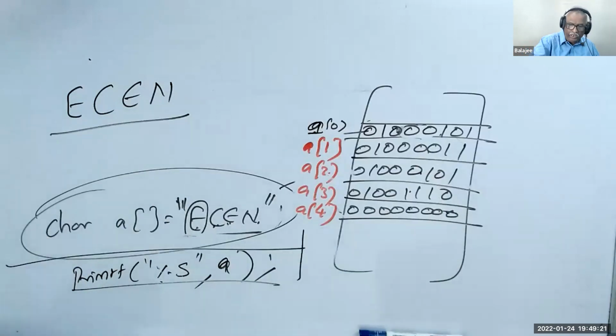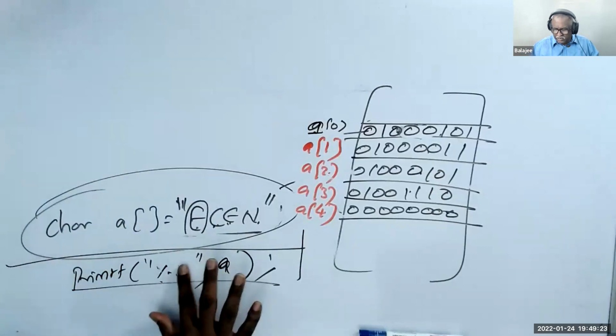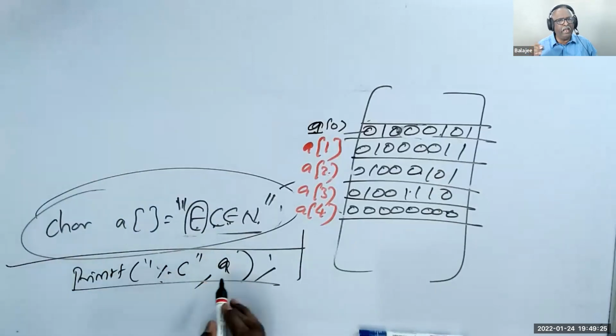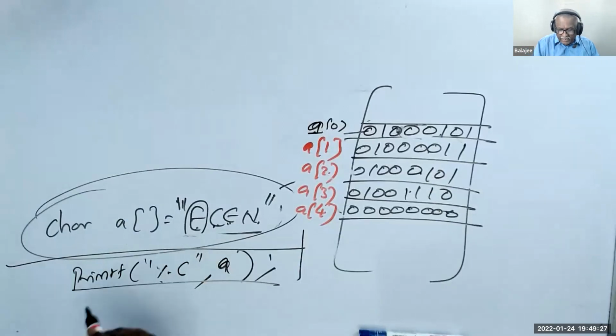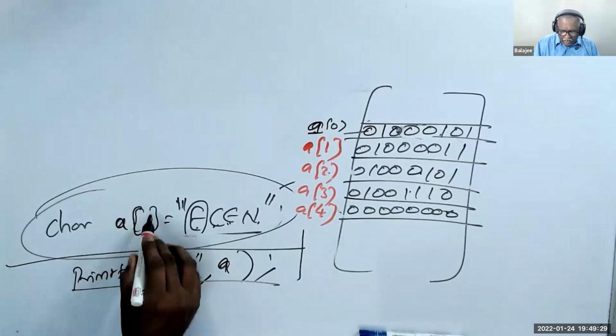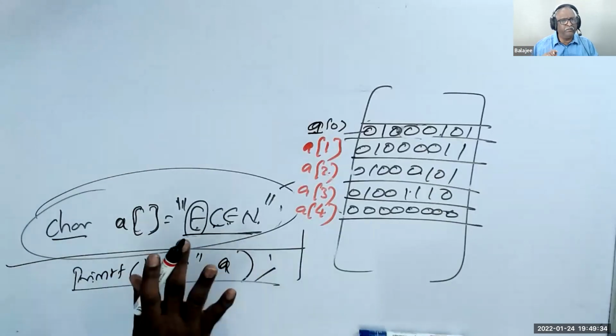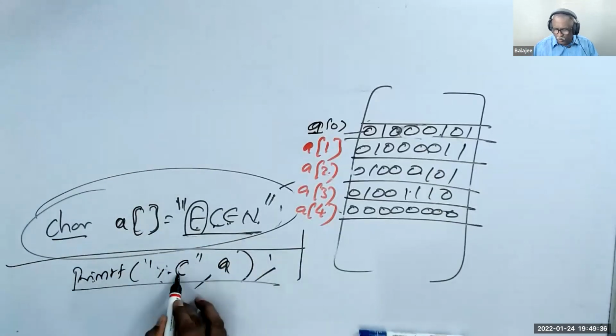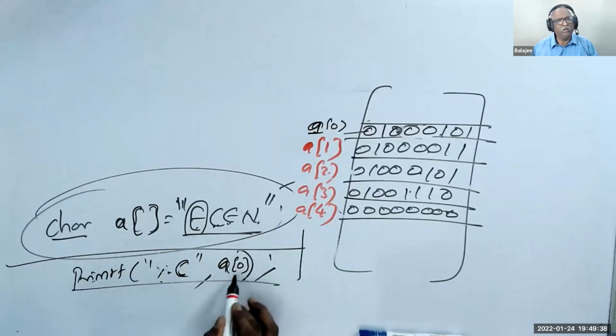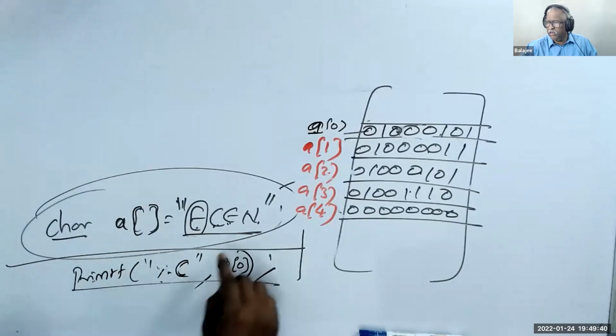Now, if I put percentage c and A of 0, see, I declared an array of characters and I moved a string, all fine. A of 0 is how much?